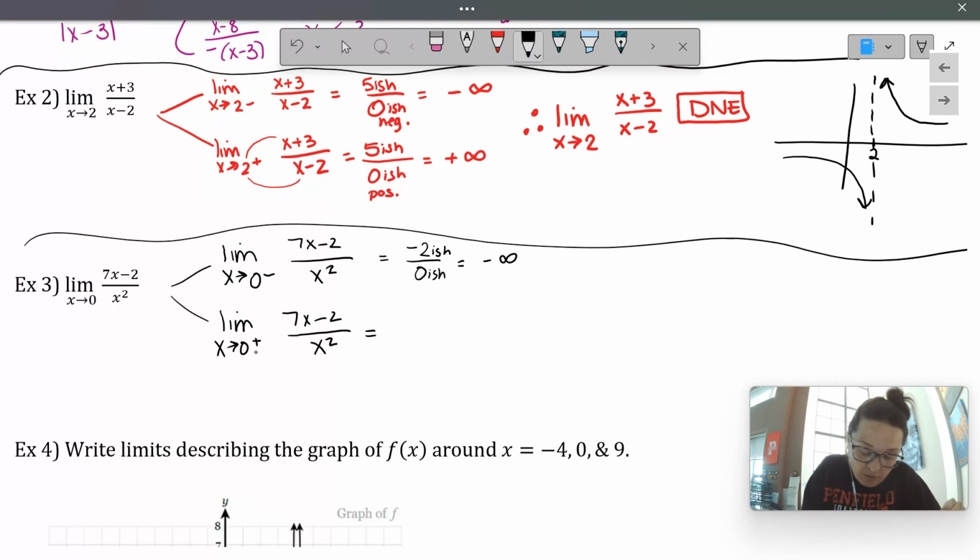And then if I do it again with 0 from the right, 7 times 0 is 0, minus 2 is still negative 2-ish, divided by 0-ish.